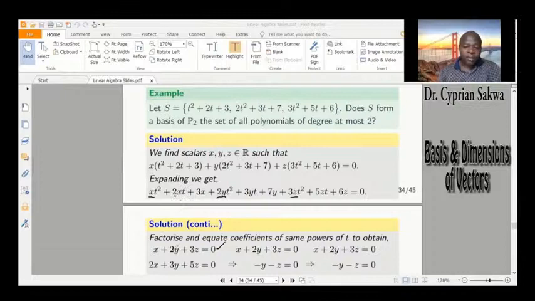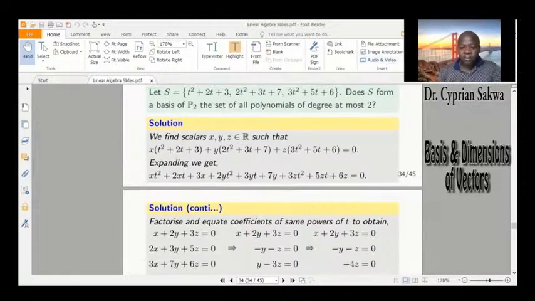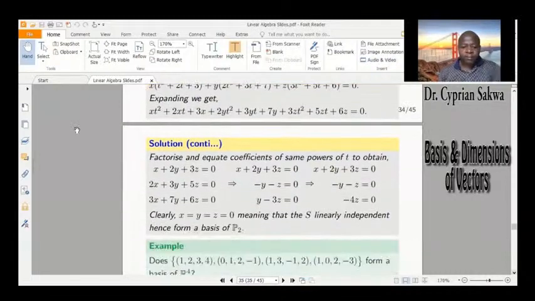I would have 2x plus 3y plus 5z equals 0. Now what about the constants, those without a t? So again, I add and equate them to 0. So that gives me 3x plus 7y plus 6z equals 0.